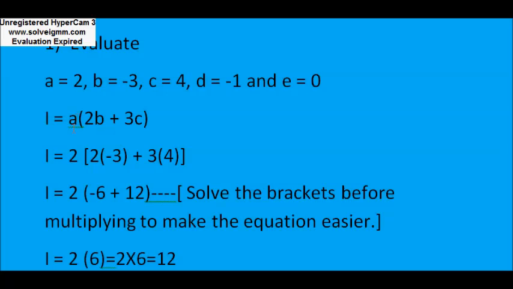Now a equals 2, so after putting the values, a equals 2 as it is. The value of b is minus 3. It is better if you write this value inside the bracket. Then next, plus 3, and the value of c is 4.